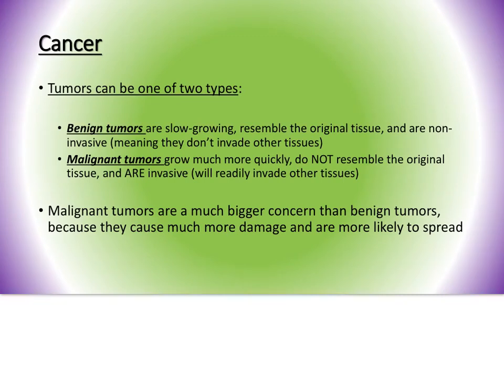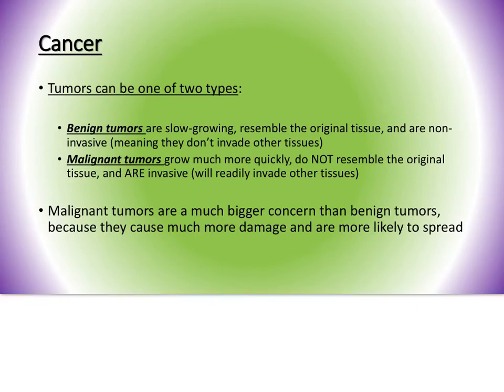Now, tumors can appear as one of two types in a patient. The first type is called a benign tumor. And benign tumors are going to grow really slowly. They're going to still look and sometimes even function a lot like the tissue they came from. So if it's a lung benign tumor, it might still have some of the capabilities of lung tissue.